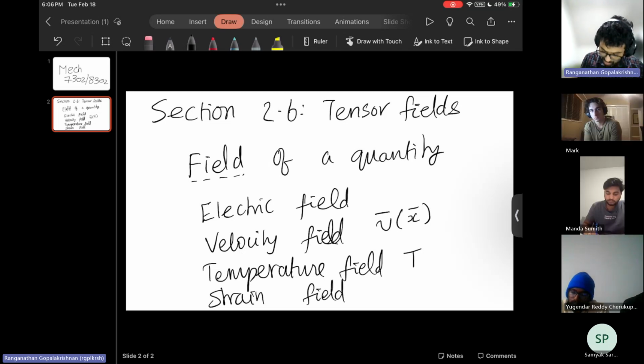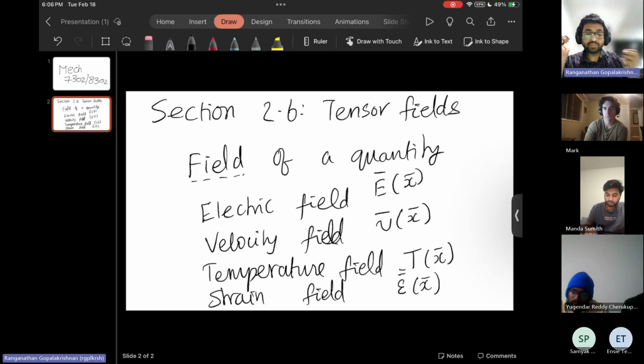I can write temperature at a certain point defined by the vector x, or electric field, which is a vector at a certain point, or strain, which is usually a tensor at a certain point x.